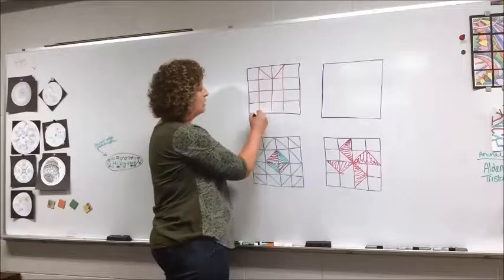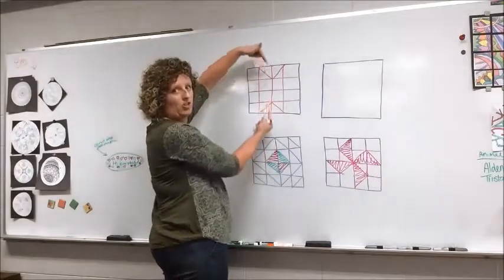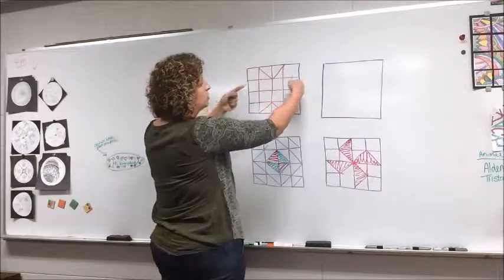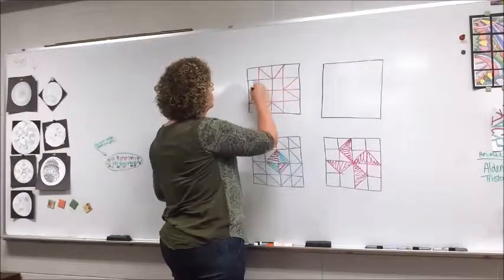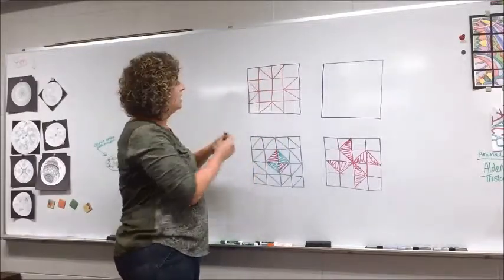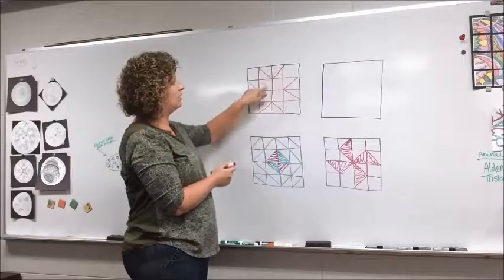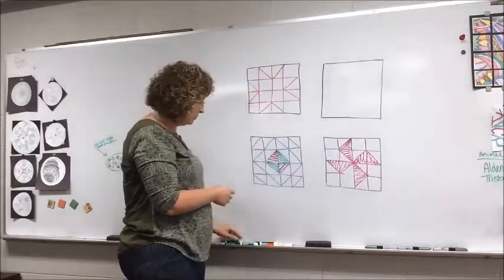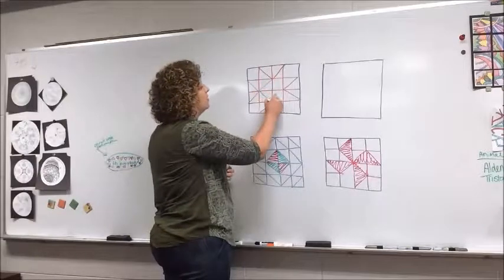Same thing on the bottom. Now it's going to be pointing up. So they're kind of looking at each other, pointing at each other. Now we're going to do the same thing from the sides. And hopefully you can kind of see that on the edges here it creates a star. And now in the middle you could make a pinwheel, or you could make another diamond shape.